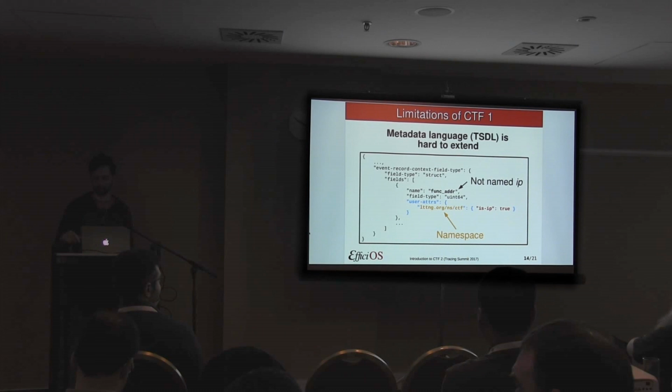I namespaced it, for example, under the LTTng tracer, but later it could become a specification namespace. And I just put is IP true so as to tag this field as being an IP. So this is going to be the interesting feature.